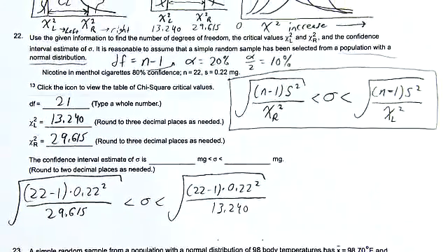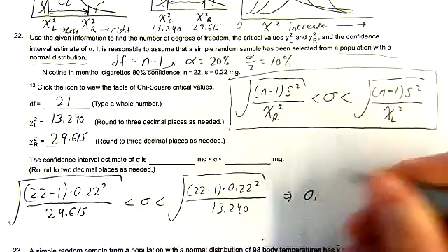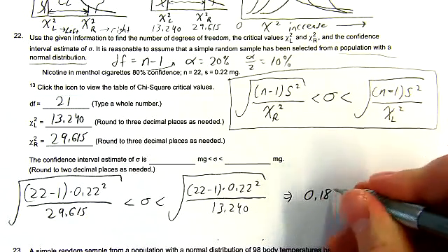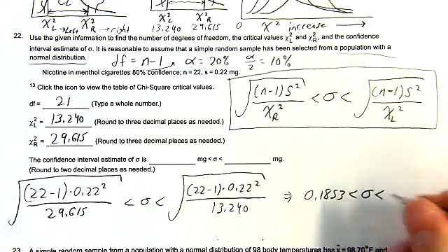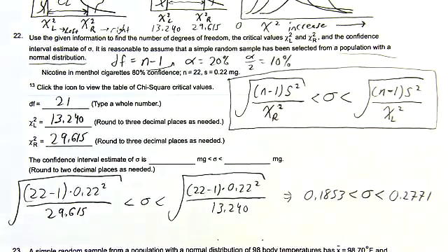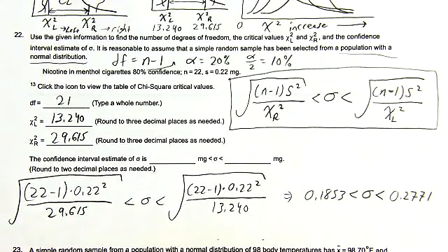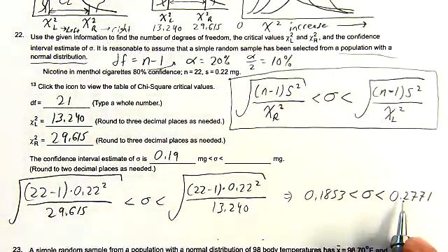If you are very careful in how you punch this in your calculator, you should get 0.1853 sandwiches the population standard deviation, which is sandwiched by 0.2771. Then they want us to round to 2 decimal places, so we'll call it 0.19 and 0.28.